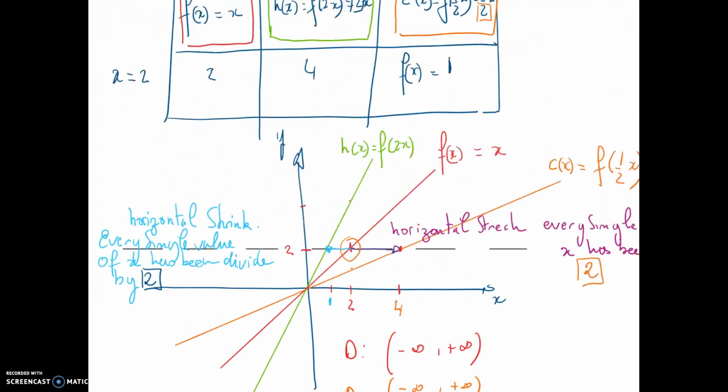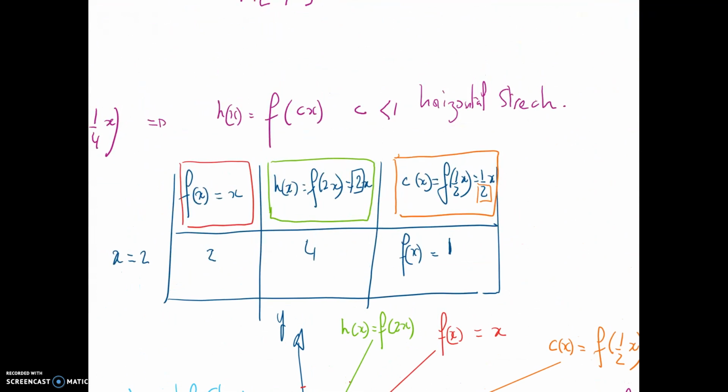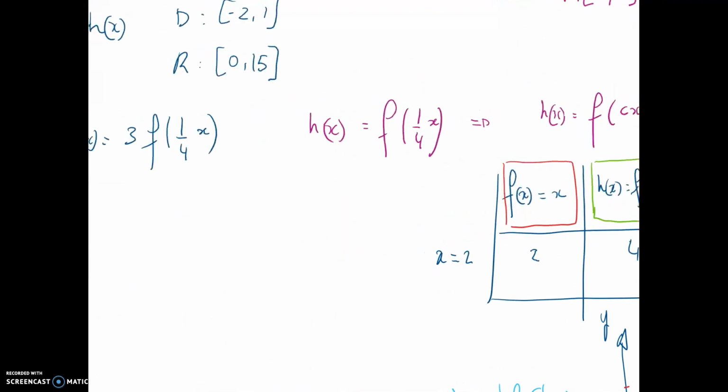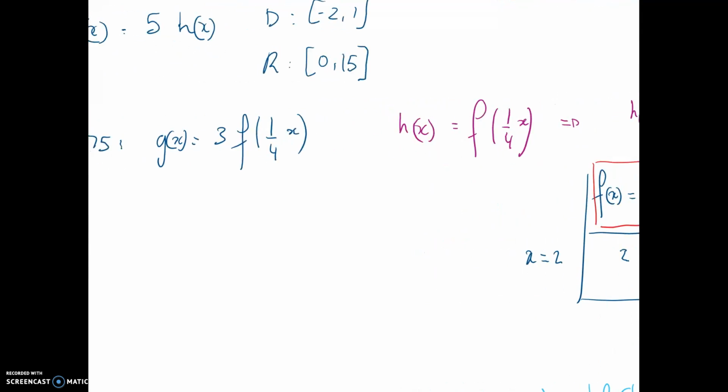Now, if I go back to my function from the beginning, which is h of x equal f of 1/4 over x, the domain of this function h of x is going to be the domain of my function f of x multiplied by 4.